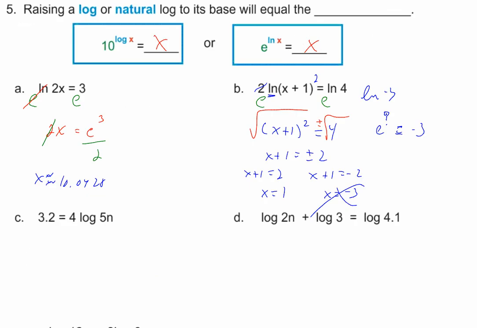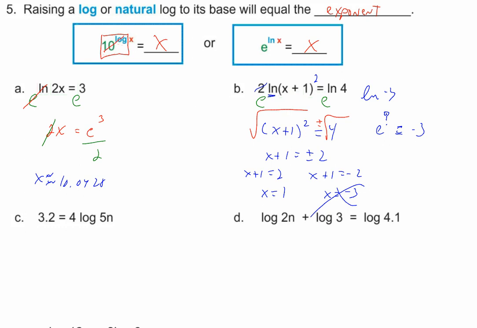I don't want to take a lot of your time. But a key concept here in this last section is raising a log or natural log to its base will equal the exponent. So in the left situation, what we have is a base 10 with a log x exponent.